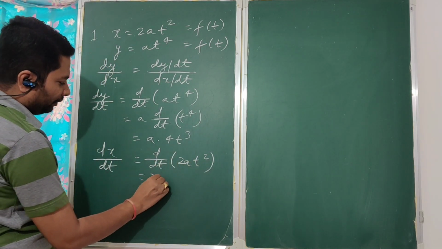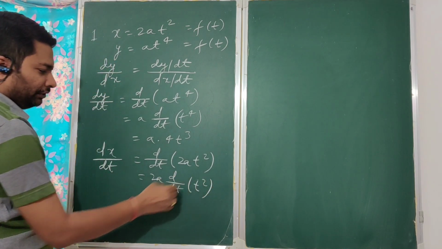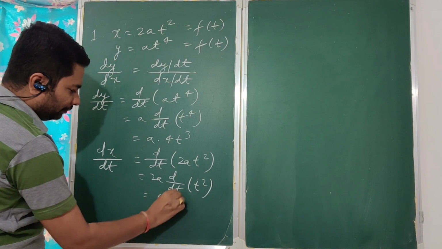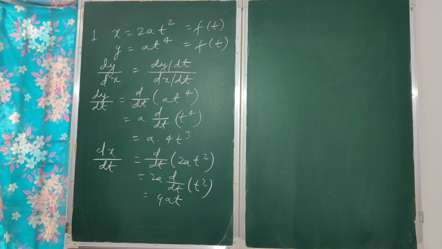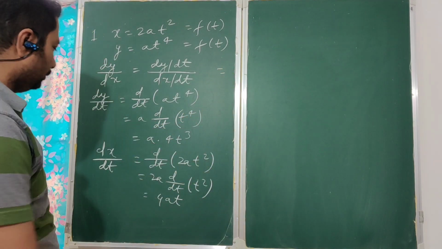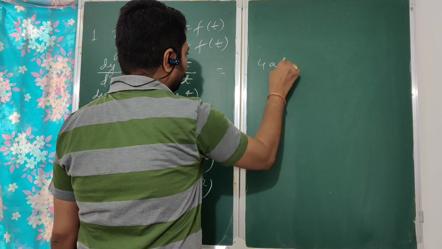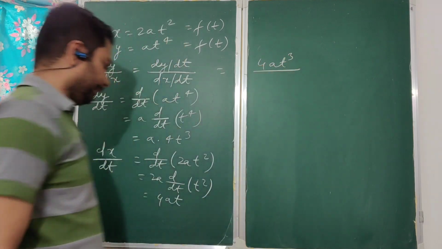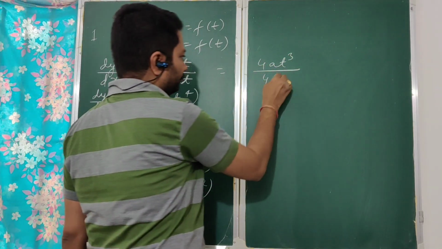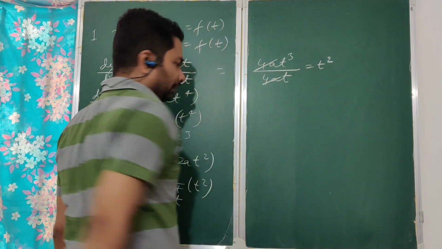So 2a will come outside, d by dt of t square. So differentiation of this will be 2t. So it will become 4at. So now dy by dx we can write as dy by dt by dx by dt. So it will be 4a t cube by 4at. So 4a cancelled and it becomes equal to t square.